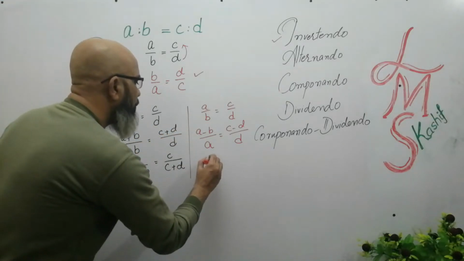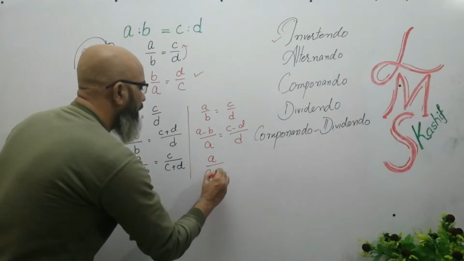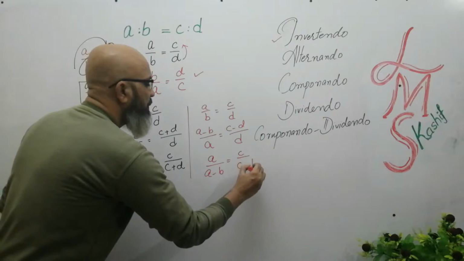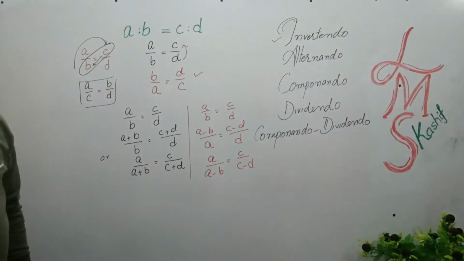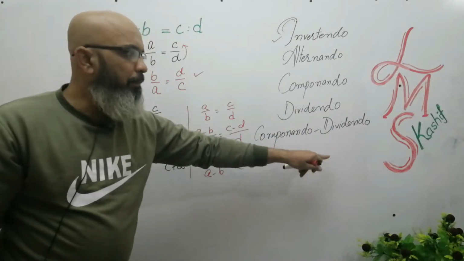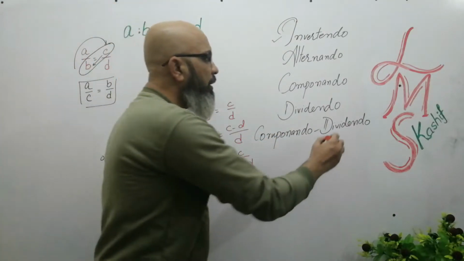In the other way, you will write in this way, A over A minus B is equal to C over C minus D.